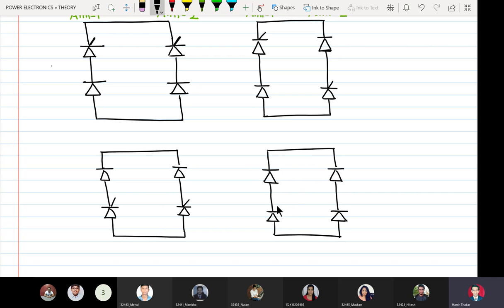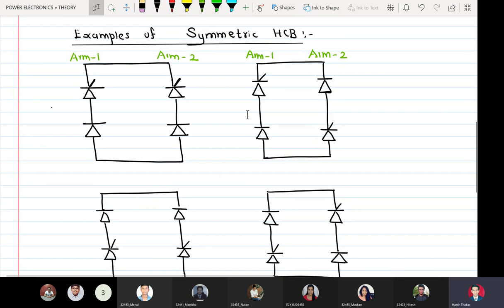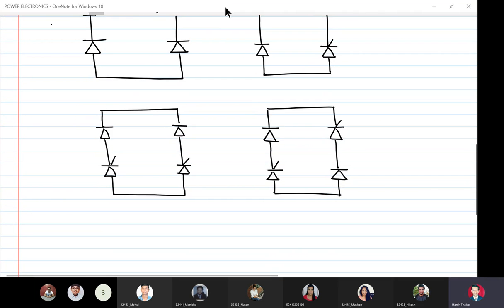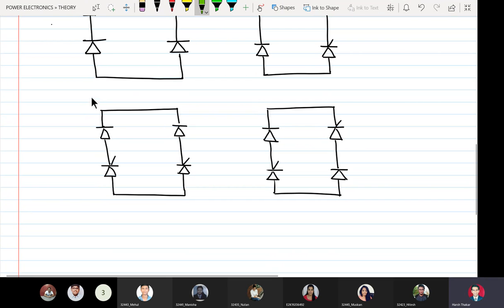So you can have this and you can have this. You see, in all 4 possibilities we have 2 SCRs and 2 diodes, so it's a semi-converter. And we have maintained the definition that every arm should have at least one SCR. Again, I'll write arm 1 and arm 2 here.